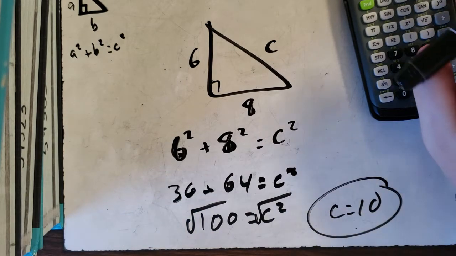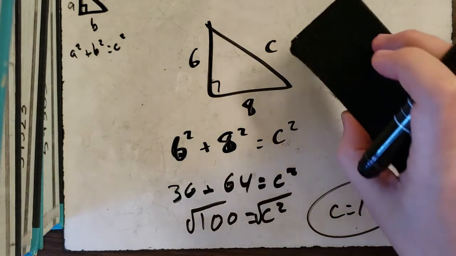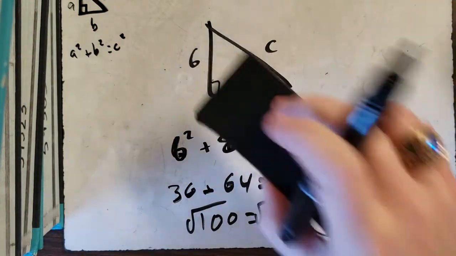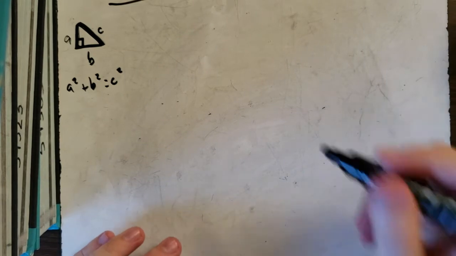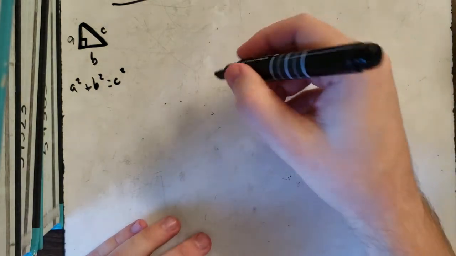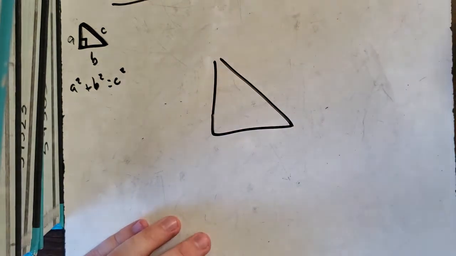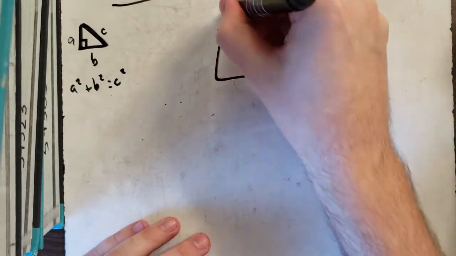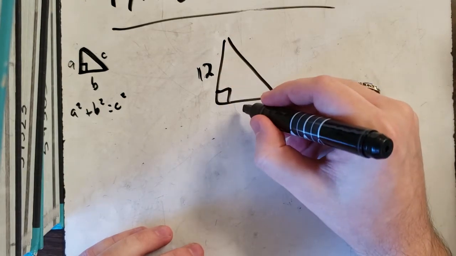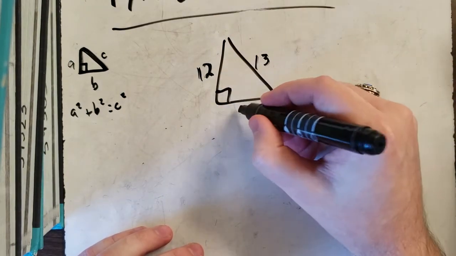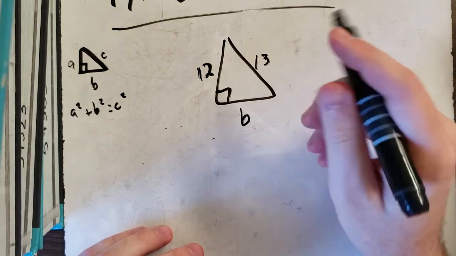Easy as that. Now, what if they give you C and you're trying to find another letter? Let's try that. Let's give you 12 here and 13 here, but here is what you're trying to find.